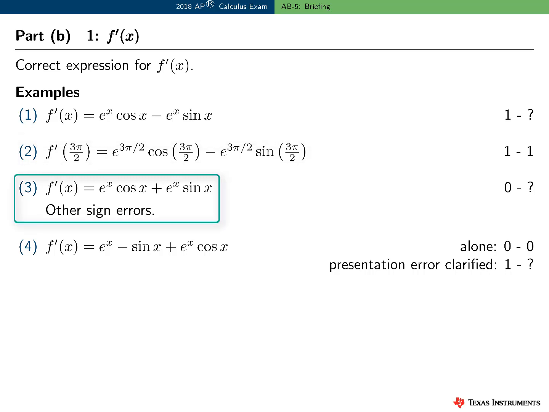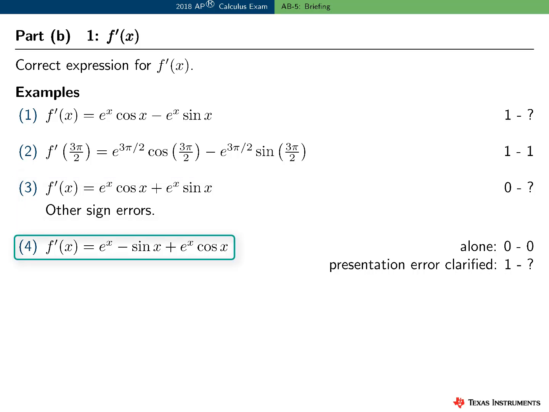In example 3, notice that there is a sign error. This response does not earn the first point, but we'll still read with this student for an answer. And there were other sign errors such that the student was still eligible for the slope point, and these are presented on the next slide.